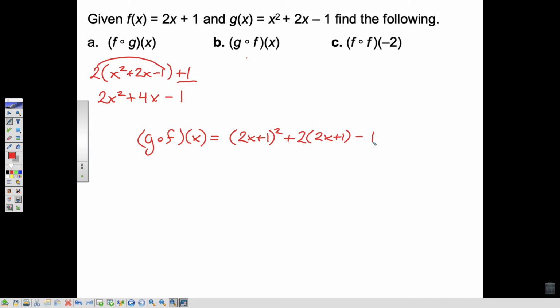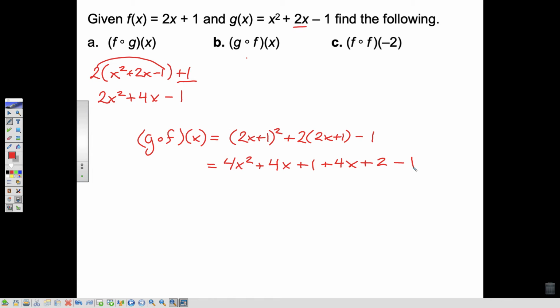How did you get the 2 in front of the 2x plus 1 on the second one? There's a 2. Oh, I missed that. Get that? I didn't get the second.